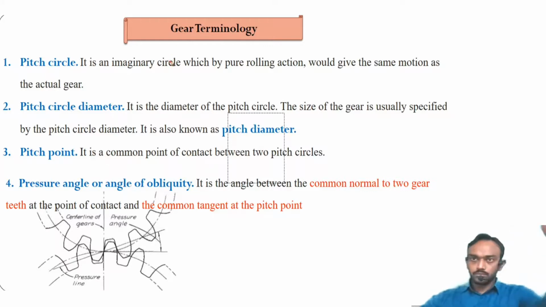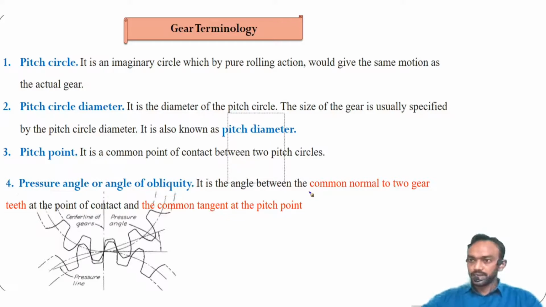Now focus here. Pressure angle, or angle of obliquity, is a very important parameter for the design of gears and smooth working. It is the angle between the common normal to the two gear teeth at the point of contact and the common tangent.